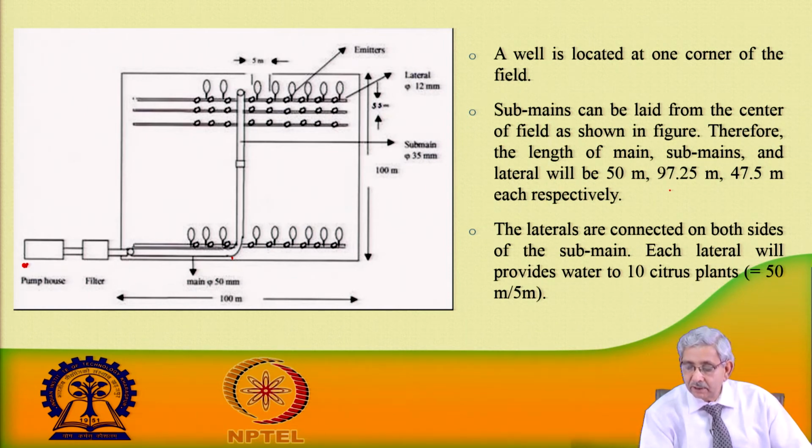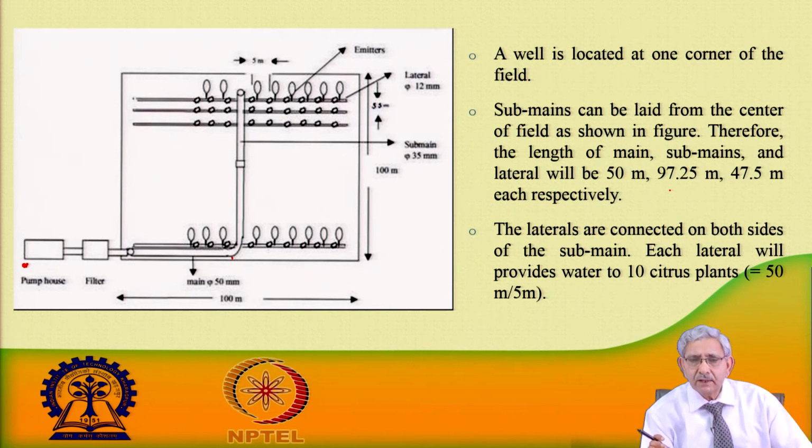Now, laterals are connected on both the sides of the sub main. This is the way one can reduce the length, so that the emission uniformity can be maintained. If the length of the pipeline is very large, then when you are delivering the water, the discharge is decreasing with the space. This is a spatially varied flow with decreasing discharge problem.